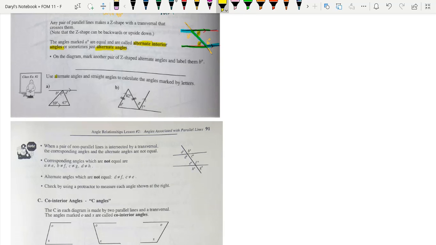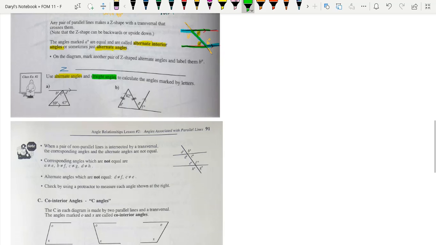For the alternate angles, we use the Z pattern. And then the straight angles. Straight angles are just a straight line. Remember that if you have a straight line, the angle along a straight line would always be equivalent to 180 degrees.